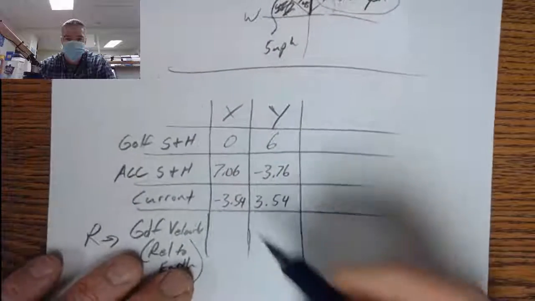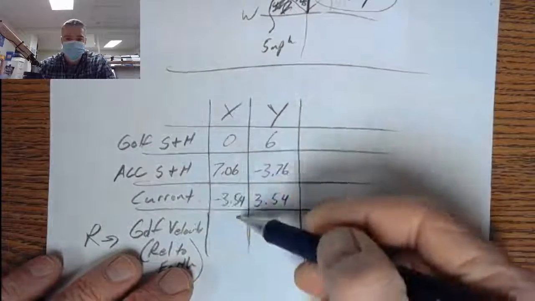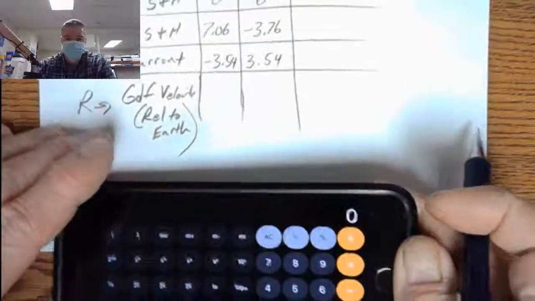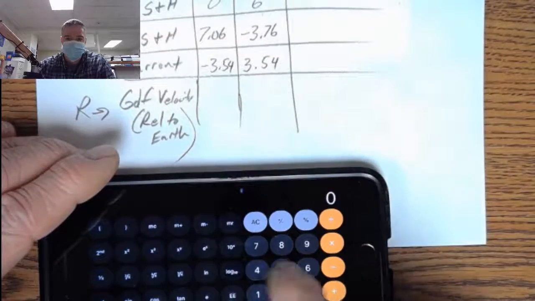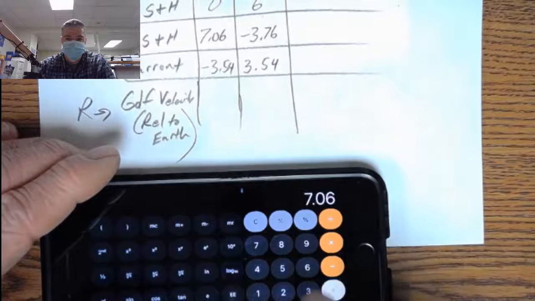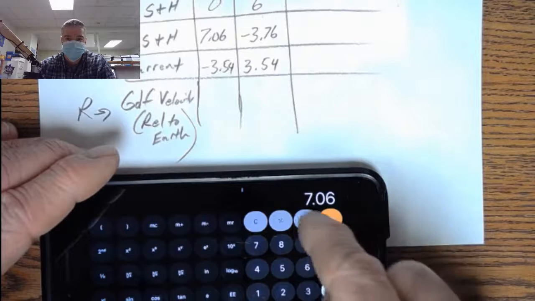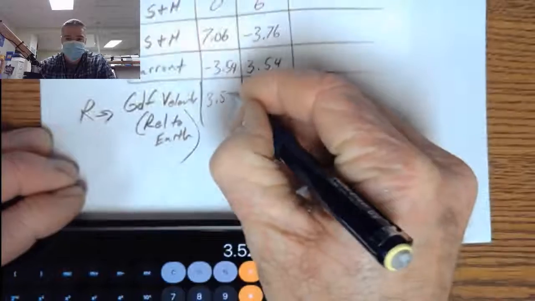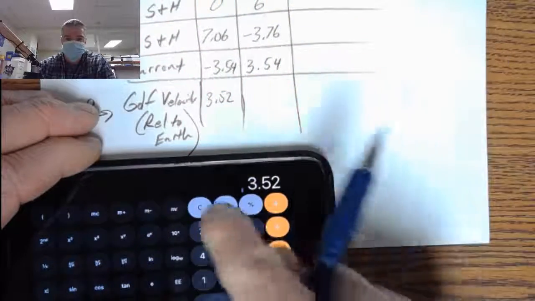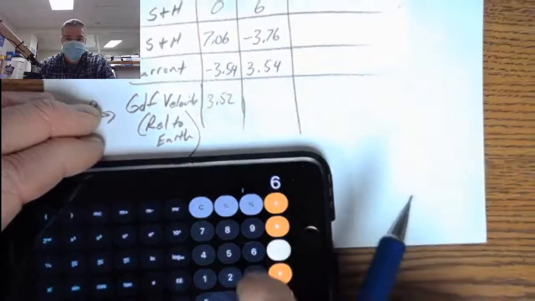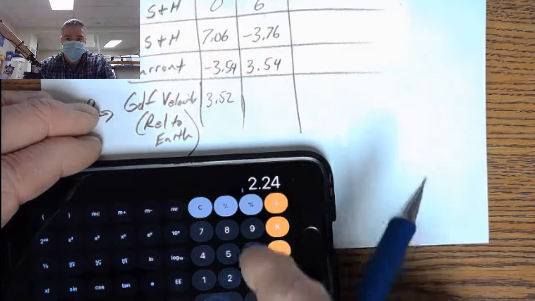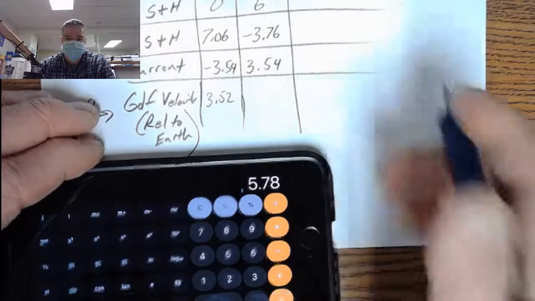And this is kind of an easy one, because I've got all the components. I just have to add up their x values and their y values to get the resultant x and y value. So it's 7.06 minus 3.54 is 3.52. And 6 minus 3.76, no, plus 3.54 equals 5.78.